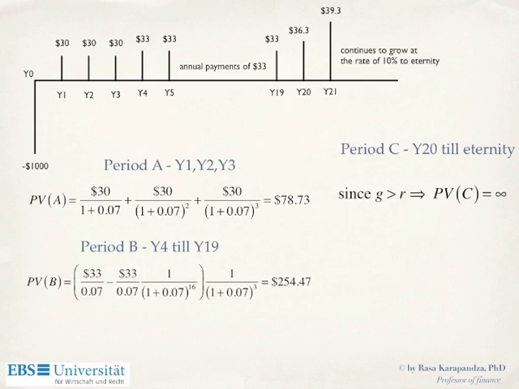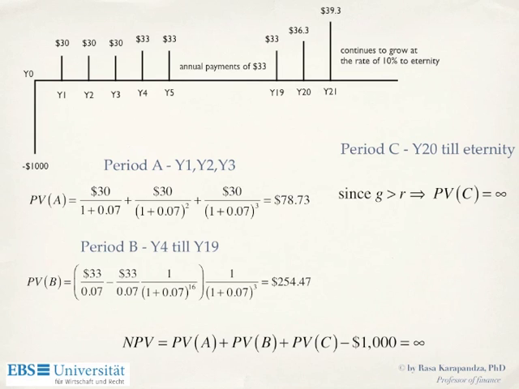Why? Because it grows faster than you discount it. So present values are growing over time, not decreasing. And therefore, present value of cash flow C is infinite. So what's the total net present value? Well, this is present value of A plus present value of B plus present value of C minus 1,000 that you pay in year 0. But this is infinite because present value of C is infinite. Okay?